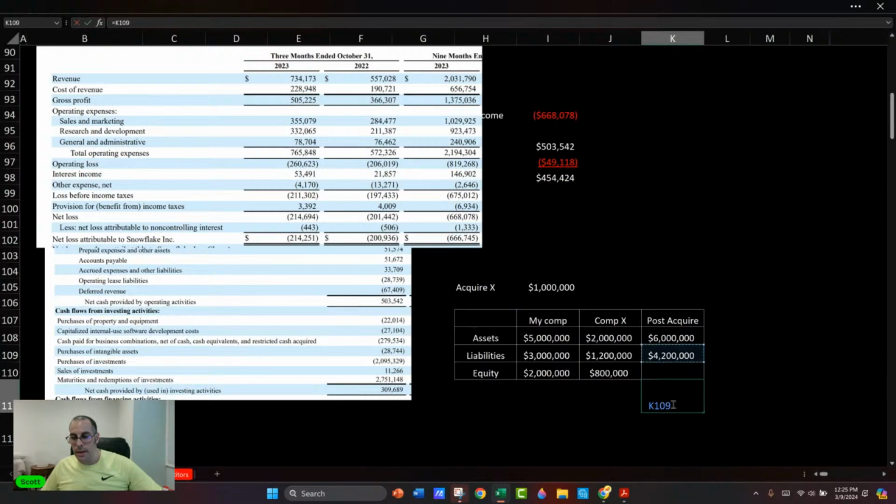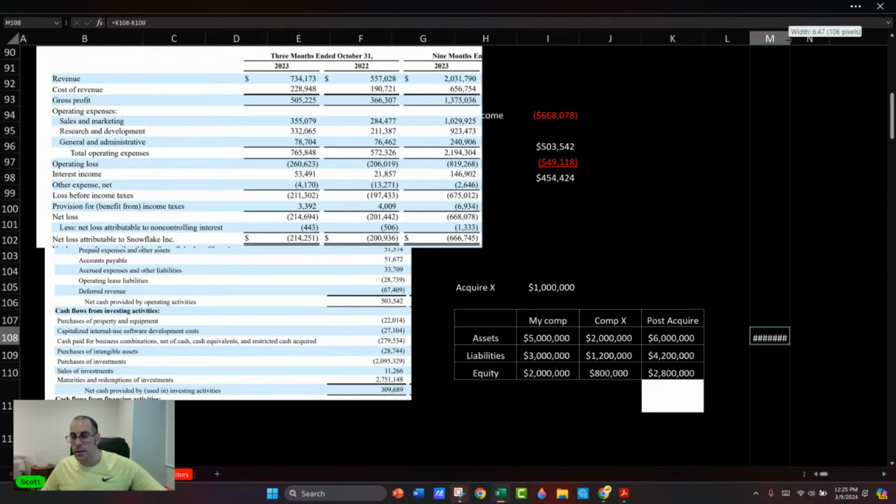So this minus this equals $1.8 million. So 6 million minus 4 million equals 1.8 million.